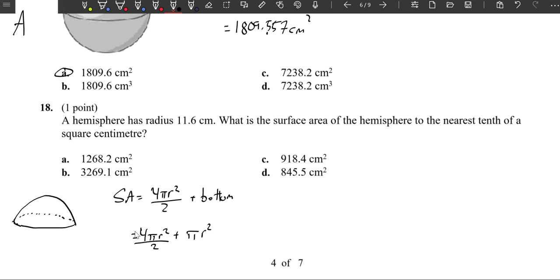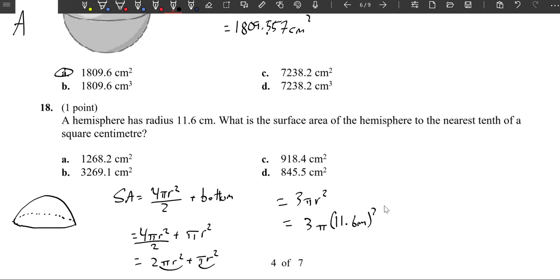We can simplify this a bit, right? 4 over 2 is just 2. 2 pi r squared plus pi r squared. And pi r squareds are in both of these, and I have two here and 1 there. So altogether that's just 3 pi r squareds, which is 3 times pi times our radius of 11.6, they tell us, centimeters, which is squared.